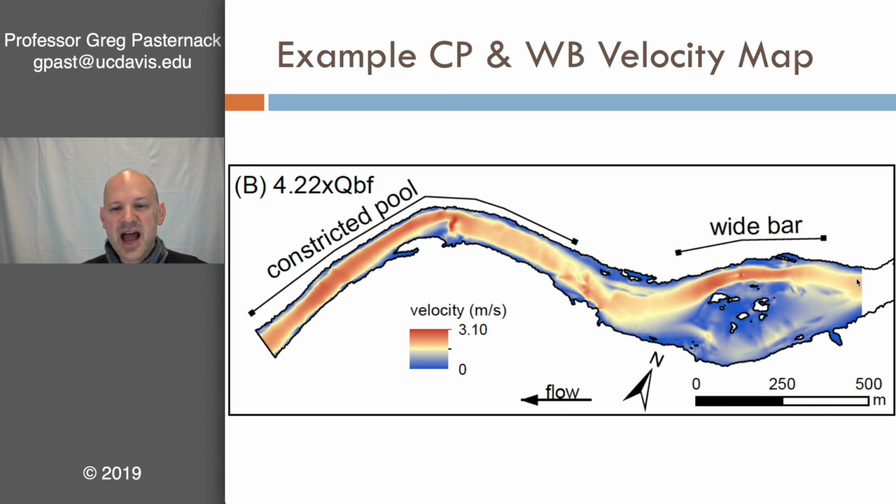The place where it's a little confounding is wide bar. So it is not uncommon that here we are at 4 times bankfull discharge. Now we're back to a nesting phenomenon. For this flood flow, we have a flood flow wide bar, but nested within that is a base flow nozzle. So yeah, this matches exactly what I would expect. That is, we don't have to have a uniform velocity across the wide bar.